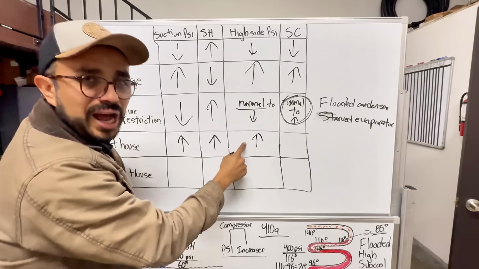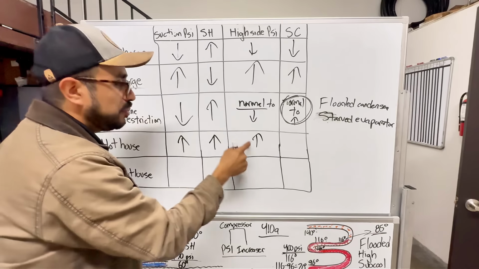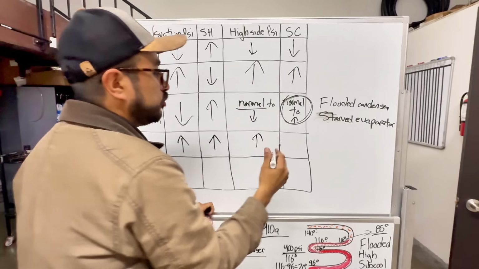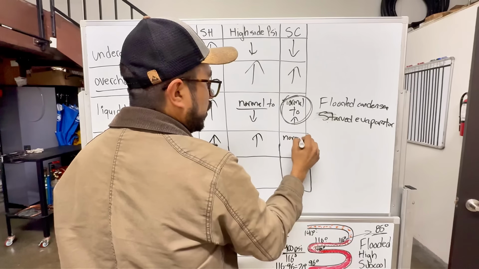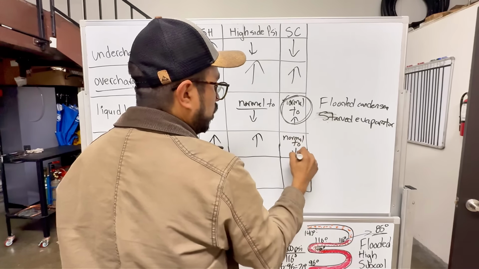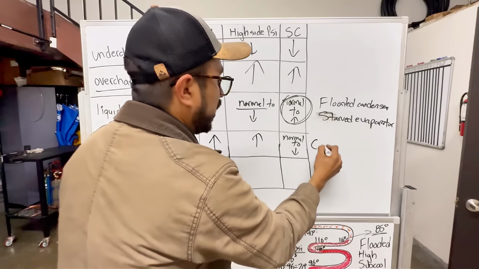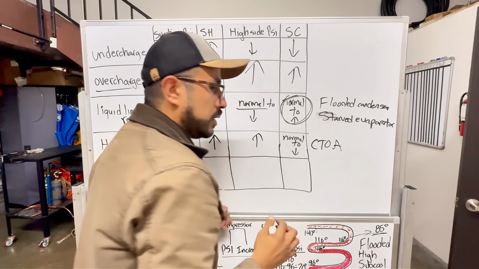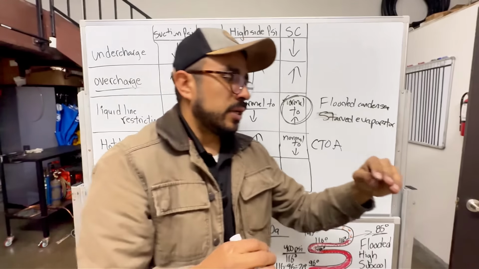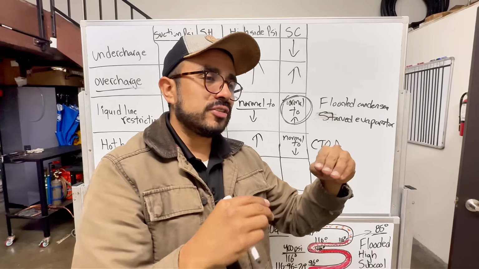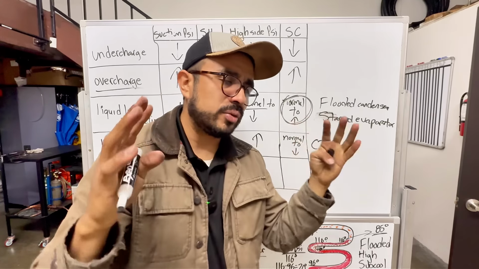And typically outside will be hot, because if your house is hot, typically outside will be hot too. Your subcool will be normal to low a little bit, because remember the condensing temperature over ambient. Let's say a system that is a CR14, and I'm trying to remember the number here.